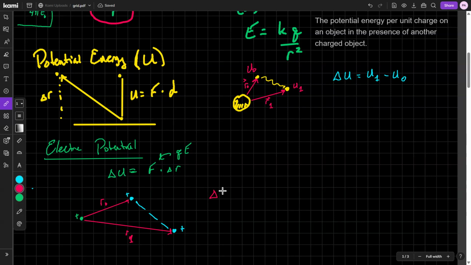And so our delta R is still R1 minus R0, or our initial position minus our final position, if we have a displacement. Okay. The only thing that matters, though, is how far away from our charge it is.